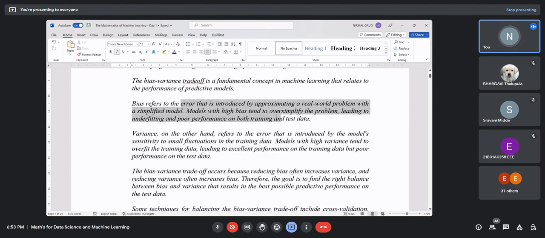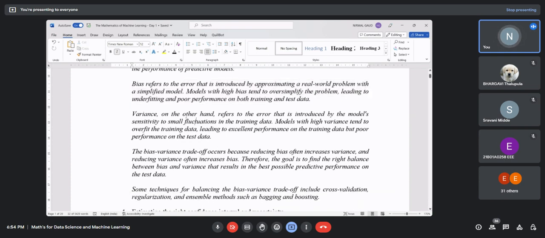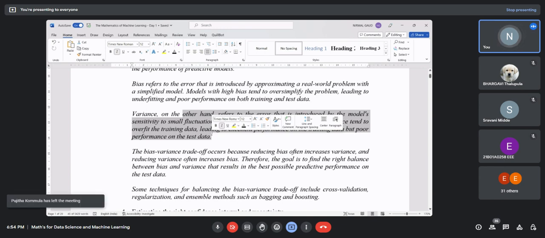In the case of underfitting, my model performance is poor, which means the accuracy is low, because your model is not able to judge the relationship between the data points. While in the case of variance, the distribution of data is high.